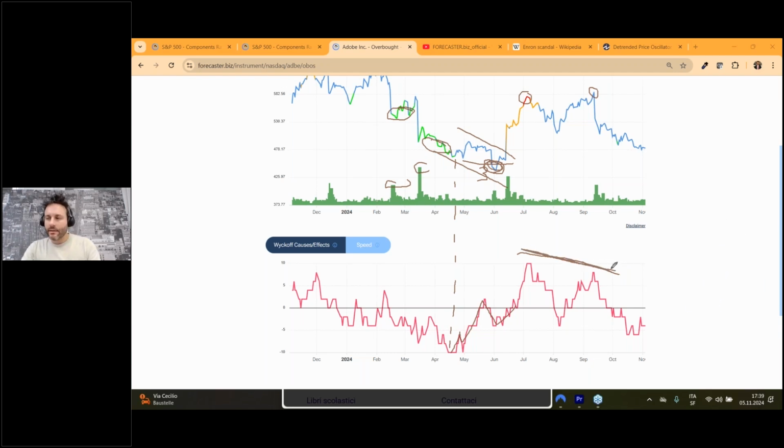So at the moment, Adobe is a very interesting investing opportunity, but probably the price of the share will drop again, and we will try to understand what to do once they reach the previous low, because at the moment we don't see buyers.